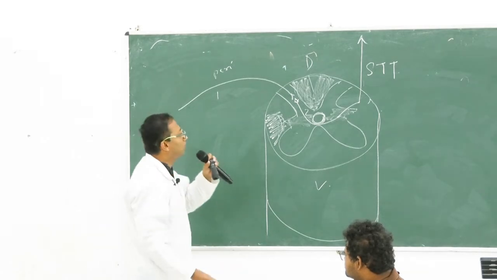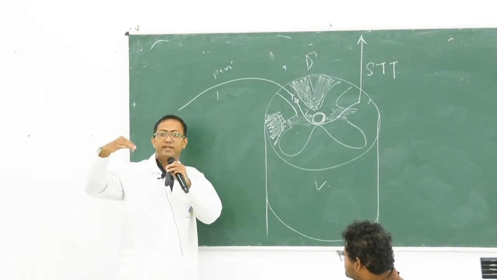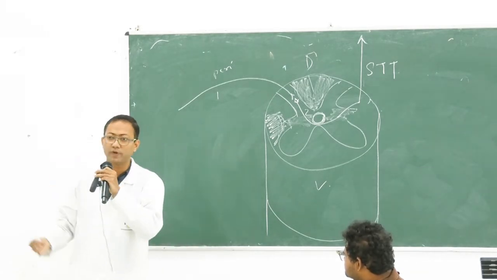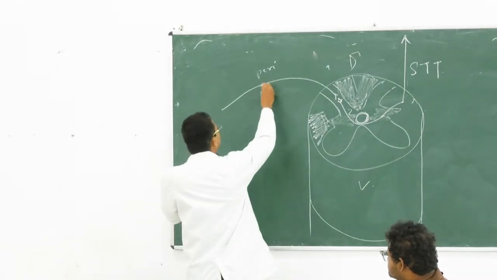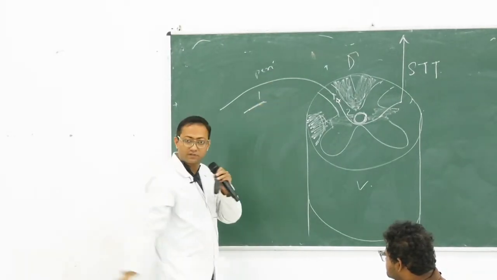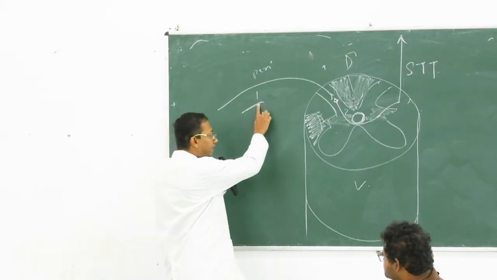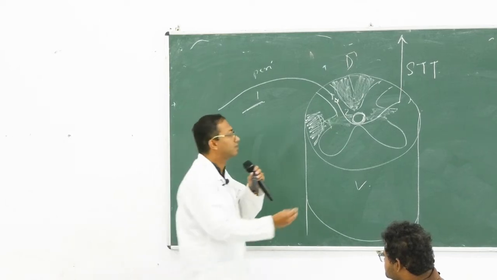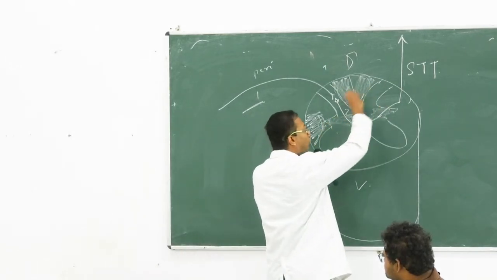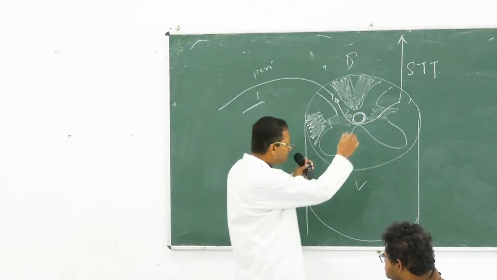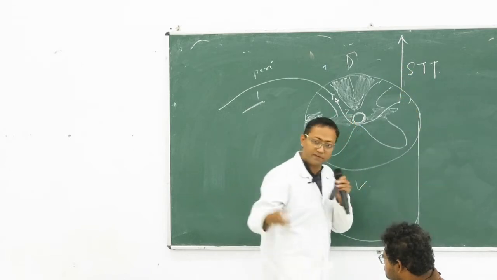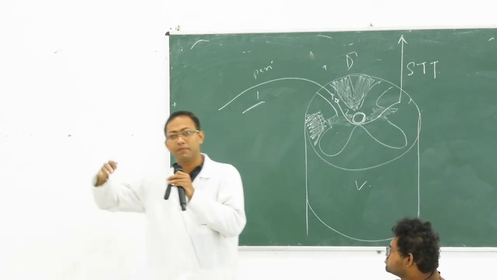When we are testing your sensory system, we need to test this peripheral nerve, anything inside the spinal cord, and this column inside the spinal cord, everything.